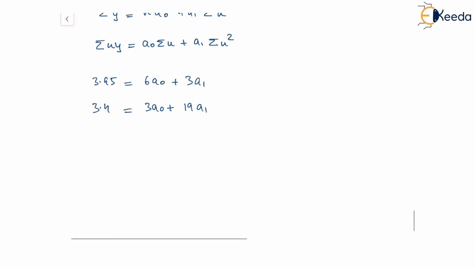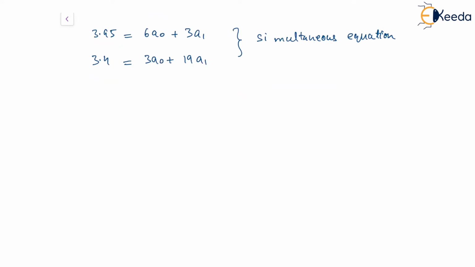So this is the set of simultaneous equations which we'll get, and with this we can find the values of a naught and a1 to get the straight line equation. So using Cramer's rule, del will be 6, 3, 3, 19.